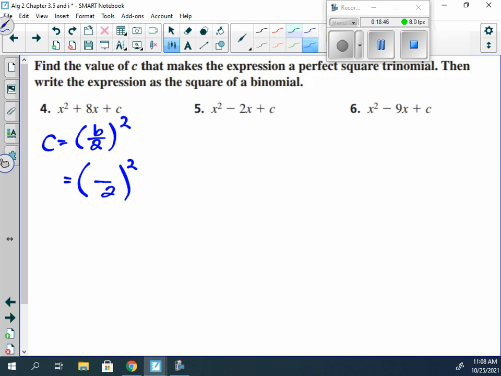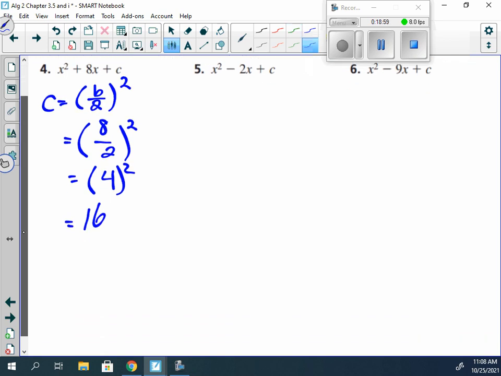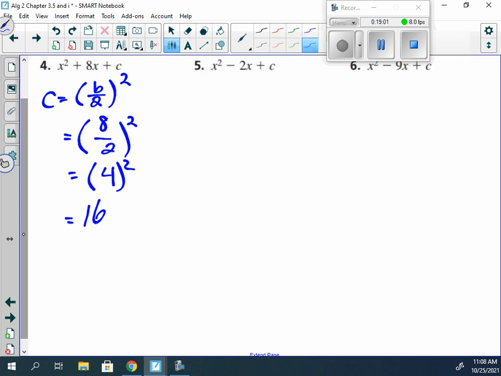Positive 8. Well, 8 divided by 2 is 4, and 4 squared is 16, so that means our equation would be x squared plus 8x plus 16.